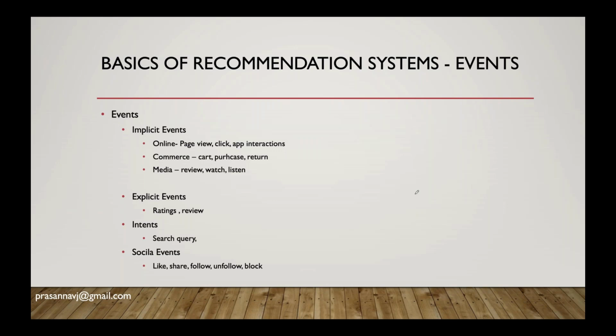Or let's say you bought a car, and you post that they've delivered a fantastic experience for you, that these guys have given a very good experience for the car. Now this is an explicit event. You are providing this in the public domain, that you are happy with the rating, and you are providing some comments. This is a public explicit event. You are purposefully providing this detail to the users.